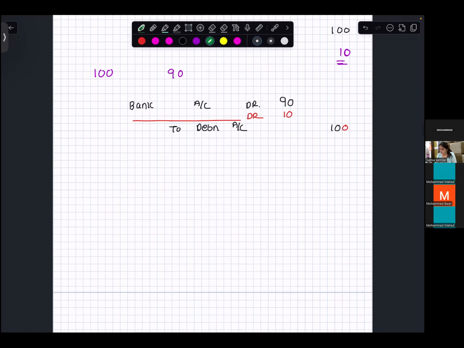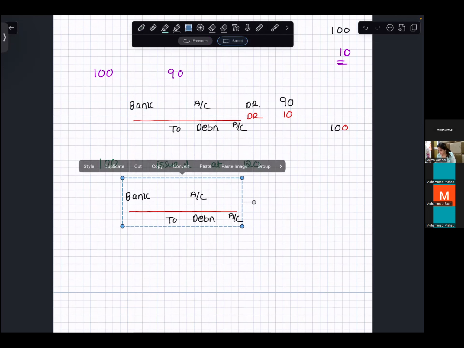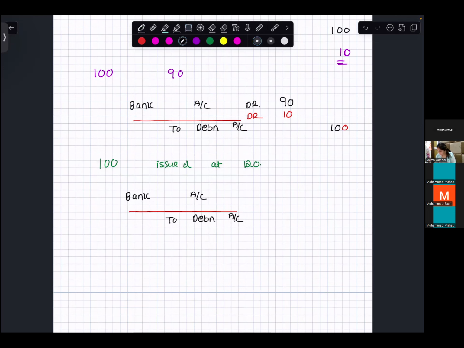I'm giving you another example. Debentures of 100 issued at 120. Bank account debit 120, and debentures account credit 100. Where will the balance go, which side?